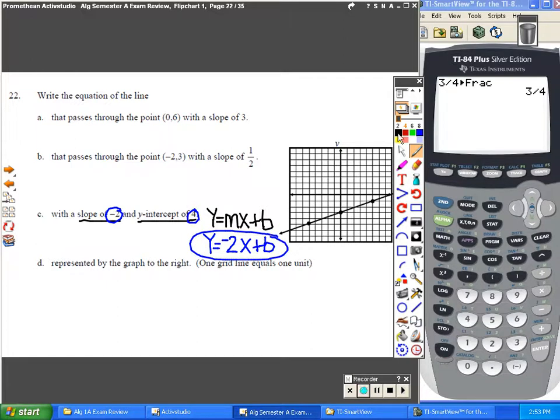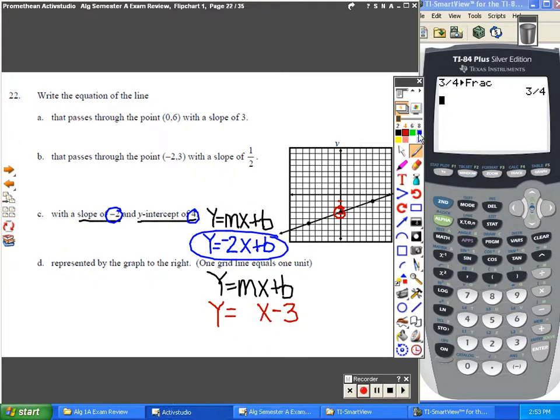For 22D, you have to look at the graph. And if you look at the graph, again, we're looking for a slope and a y-intercept. So let's start with the y-intercept. This appears to be 1, 2, 3 down, which means my y-intercept is at -3. Y equals something x minus 3.